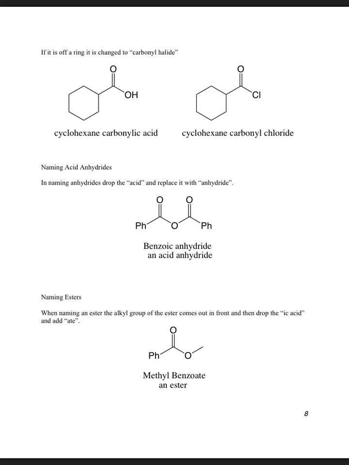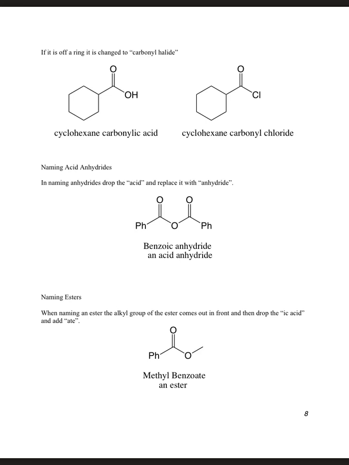If it's off a ring, it's changed from a carboxylic acid to a carbonyl chloride, so on and so forth. Naming acid anhydrides, you drop the ic acid and really just drop the acid and make it the anhydride. Sorry.